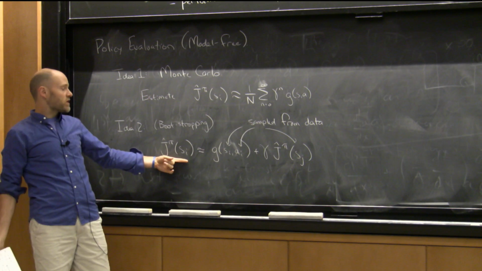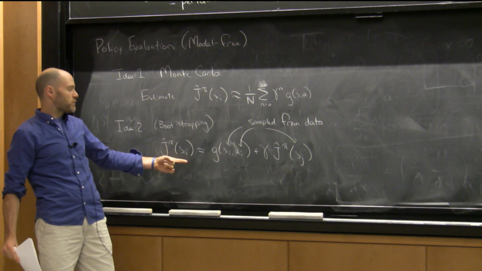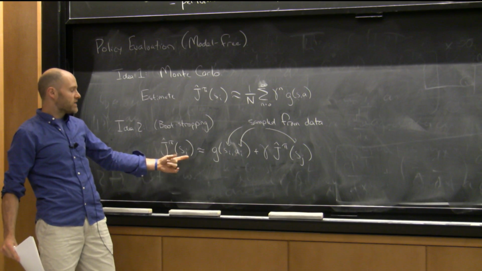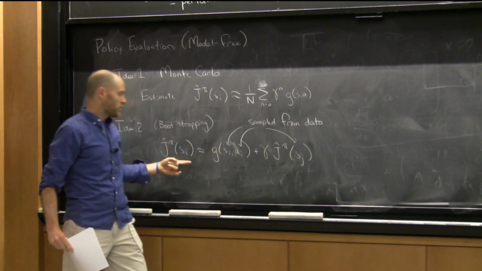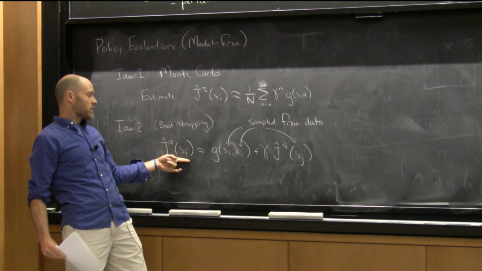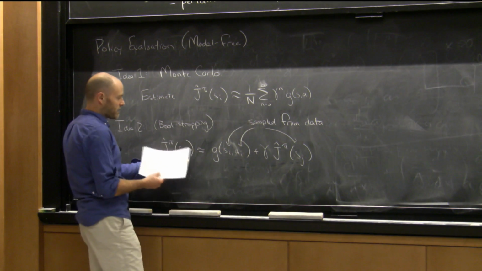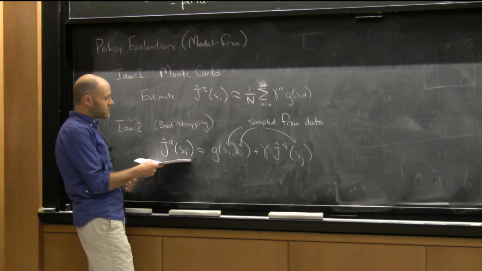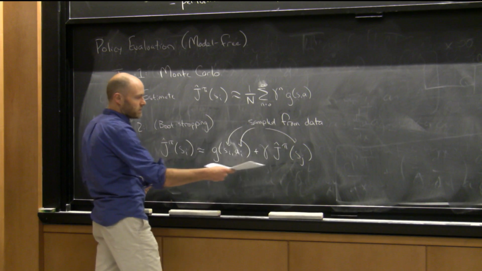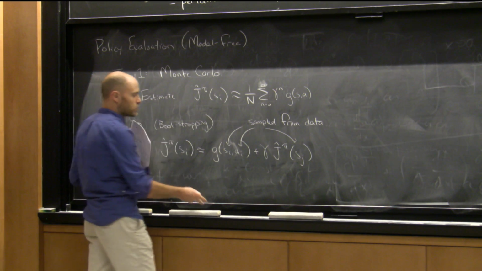If I'm using a function approximator here, whether it's a linear function approximator like we talked about before, or a deep neural network, then again, this becomes just a training problem. It just becomes your L2 loss. This is now a supervised learning problem: I'd like my cost to equal my one-step data plus my future cost discounted. So it's a simple supervised learning problem.